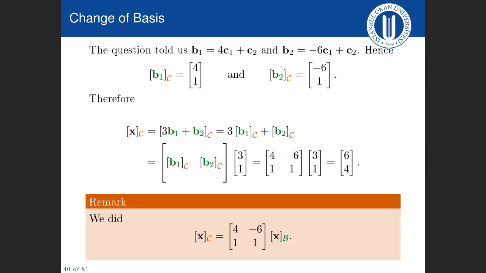Now, what we've done here is the coordinates for x relative to C is a matrix 4 minus 6, 1, 1 multiplied by the coordinates for x relative to the basis B. In this section, it's going to be about finding this matrix.